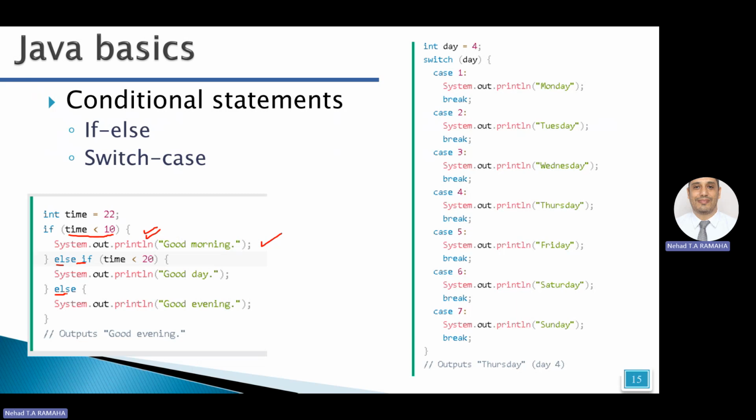Switch case is also the same as in C language. Switch on the value of this variable. So we have a parameter here for the switch, which is a variable. Then the cases of this variable. If the day equals 1, do something, break. Case 2, do something, break. Case 3, case 5.